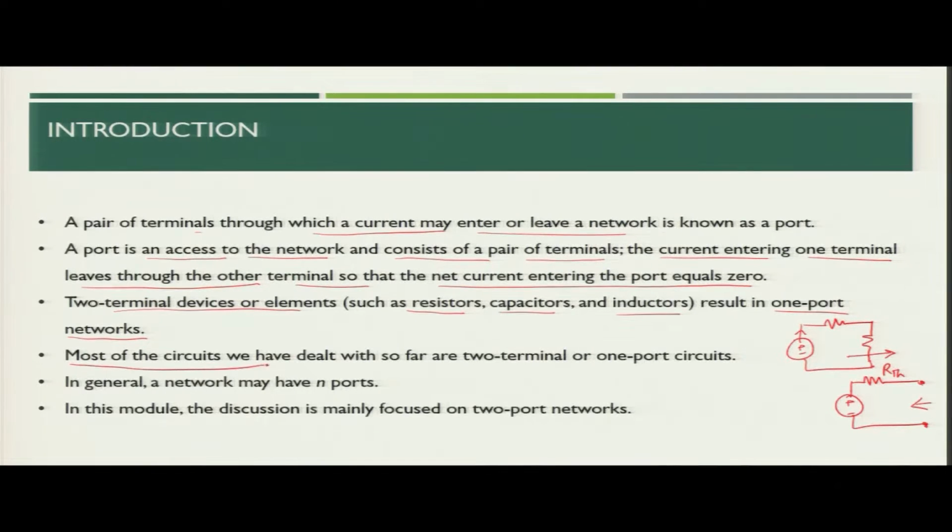So, most of the circuits which we have discussed till now were two terminal or single port networks, where we were representing them as a Thevenin equivalent, and we were trying to find out the various parameters of the circuit. But in general, the network can have n number of ports. So, in this particular module, we will discuss mainly the two port networks.